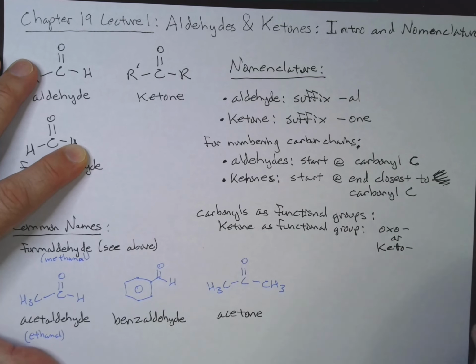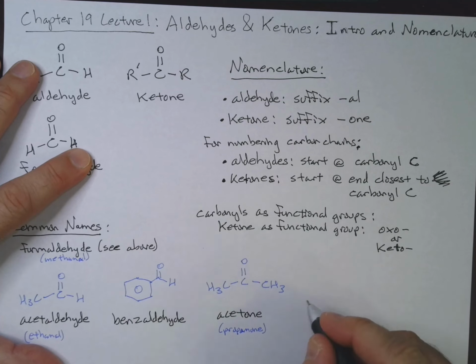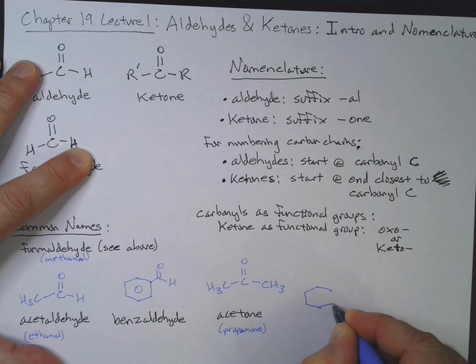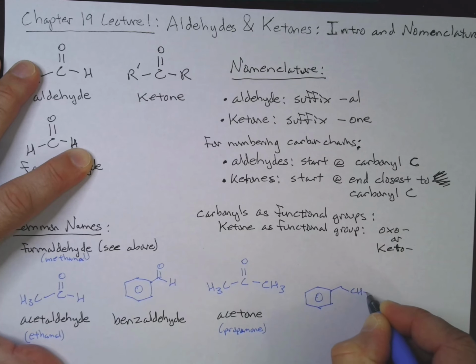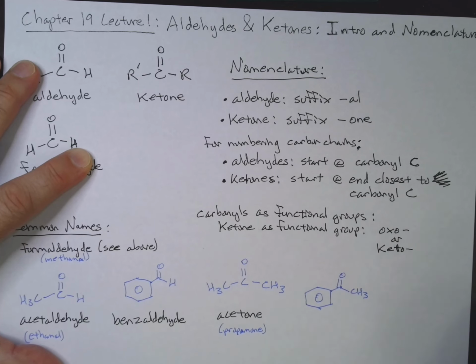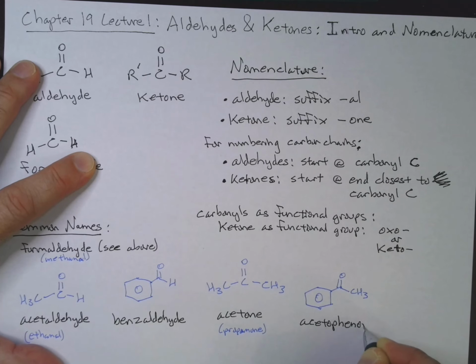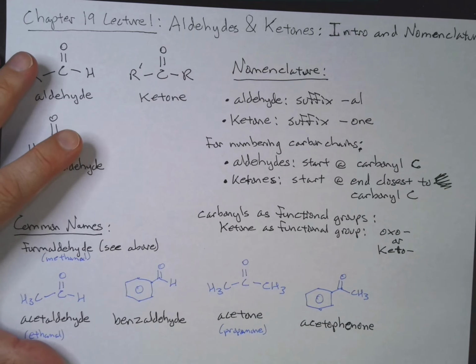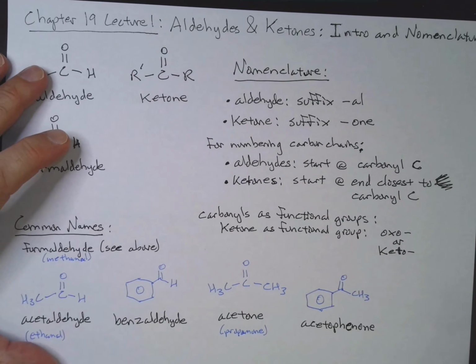The IUPAC name for this would be propanone, but everyone just calls it acetone. And if we had a benzene ring on one side of the ketone and a methyl group on the other side of the ketone, this would be acetophenone. If we had two benzene rings, that would be benzophenone.